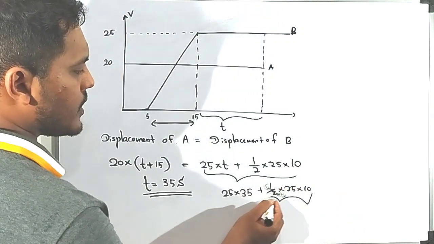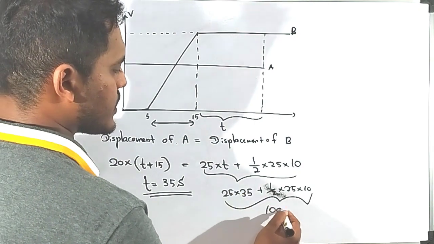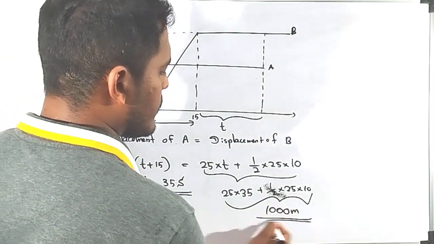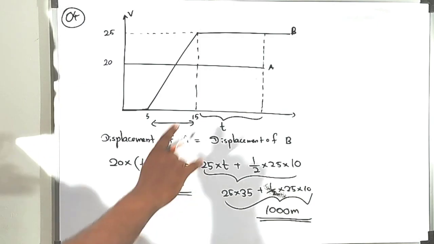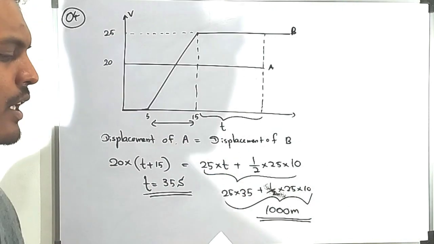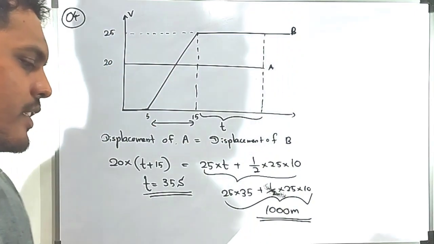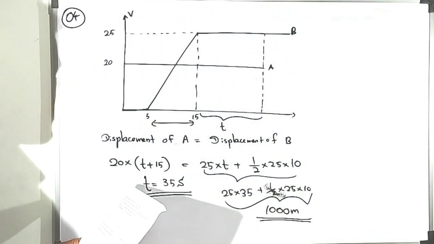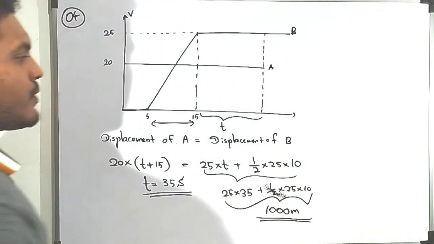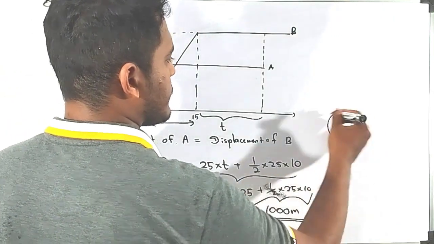The total displacement will be 1000 meters. This is the displacement of B from the initial position to the catching point of the motor vehicle. Then answer number 5 is 1000 meters.